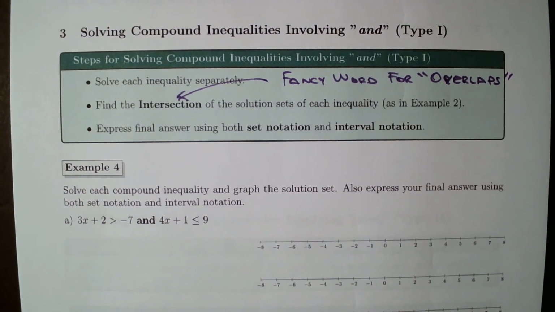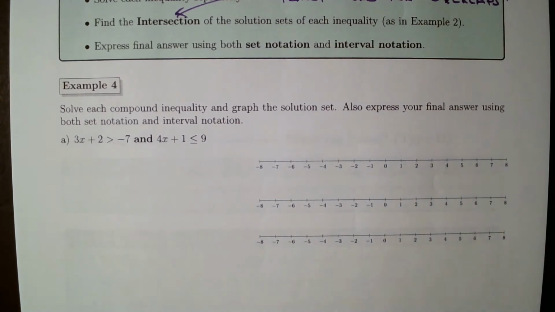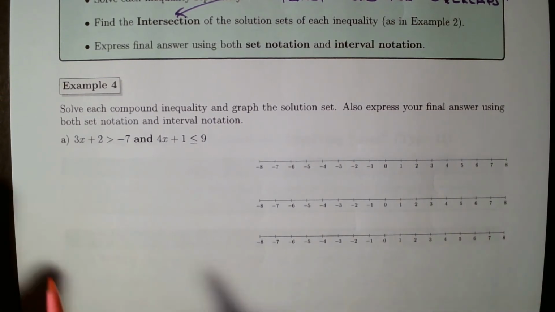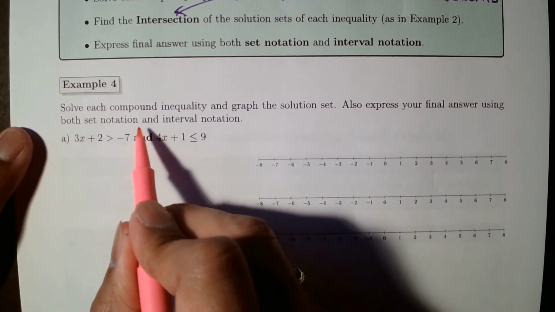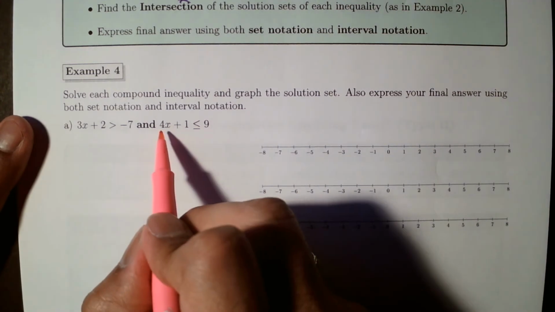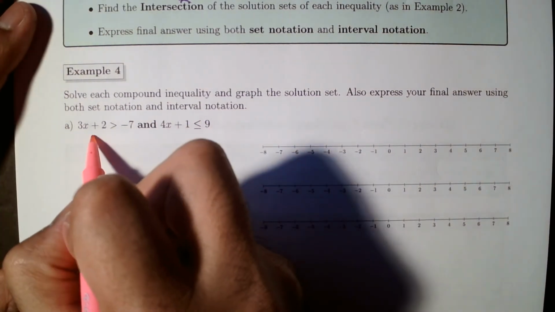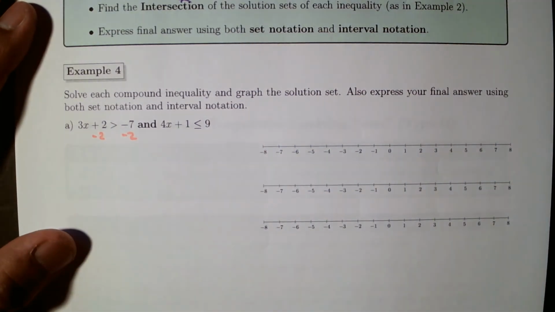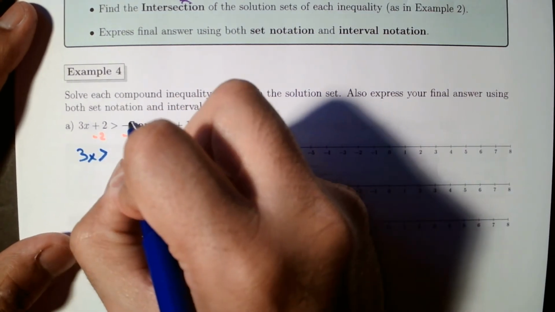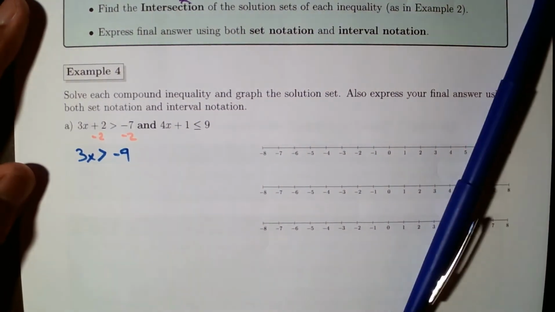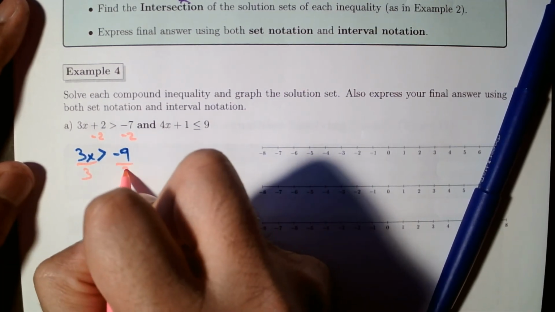Okay, so how about we do an example? Let's see. 3x plus 2 greater than negative 7, and no longer or, in this case it's and, 4x plus 1 less than or equal to 9. Let's subtract 2 from both sides to get 3x greater than negative 9, and let's divide both sides by 3.